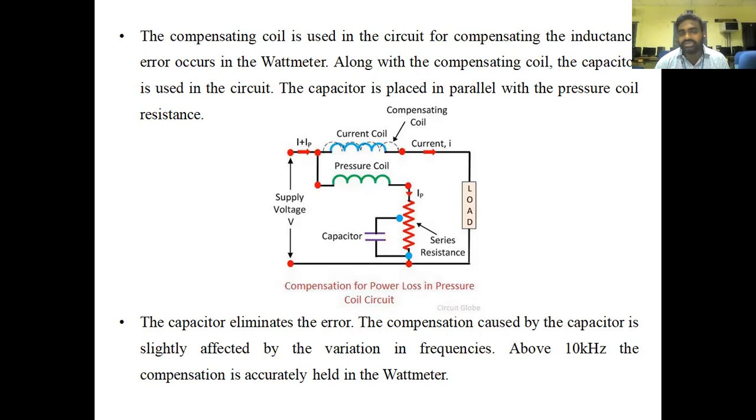The capacitor connected in parallel to the pressure coil will compensate a certain amount of current. It will charge within an instant of time and later discharge. Along with the compensating coil, the capacitor is used to eliminate the error. The compensation created by the capacitor is slightly affected by change in frequency, but this is negligible. Around about 10 kilohertz, the compensation is done, which is quite accurate for an existing wattmeter.